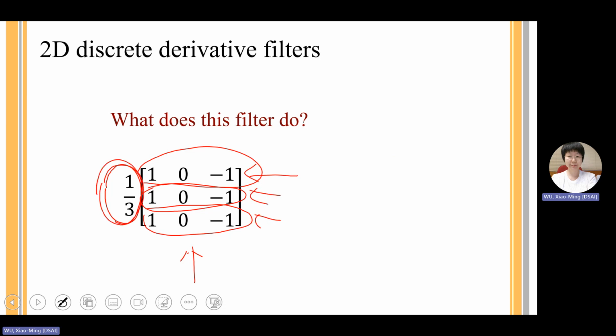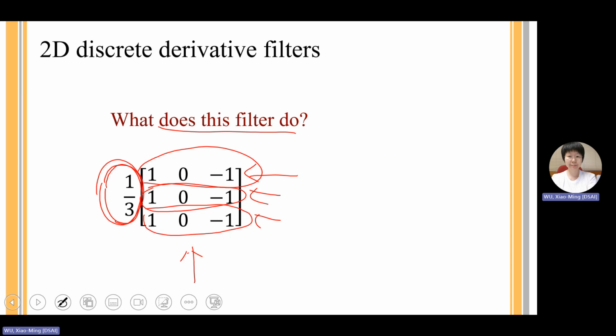And this scalar is to normalize the differences. Okay, so what does this filter do? What does central filter do? Central filter clearly is used for comparing the differences between the pixel on its right and the pixel on its left.